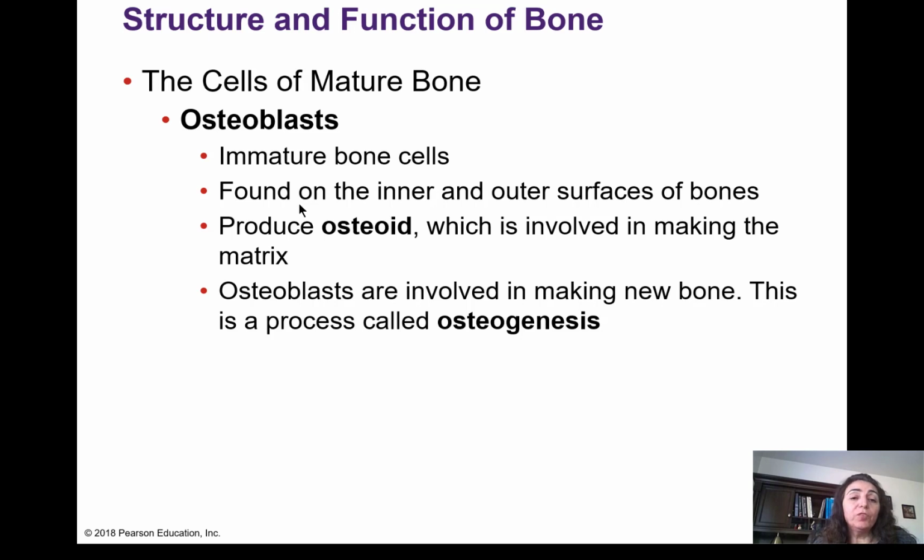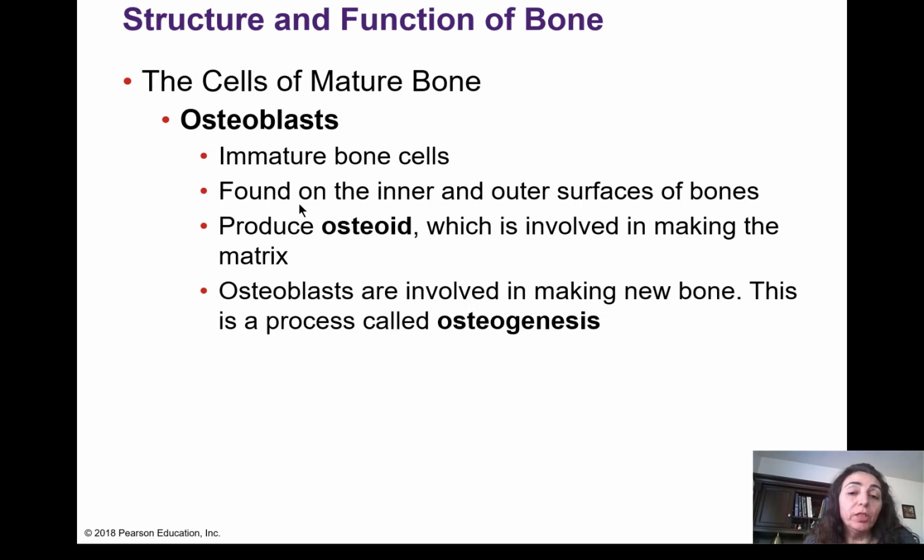The other type of cell in the bone that we have is osteoblast. Osteoblasts are immature bone cells.